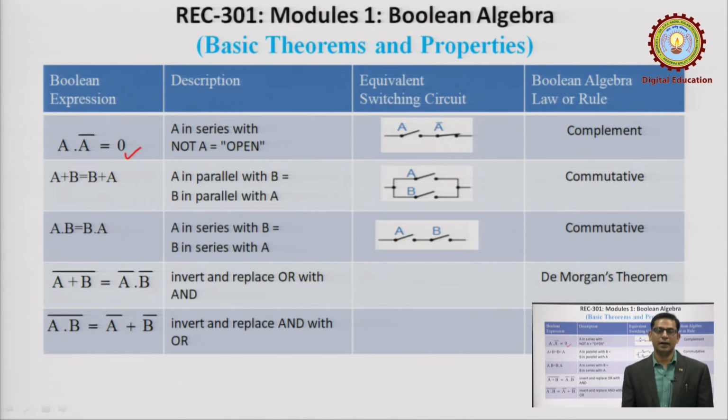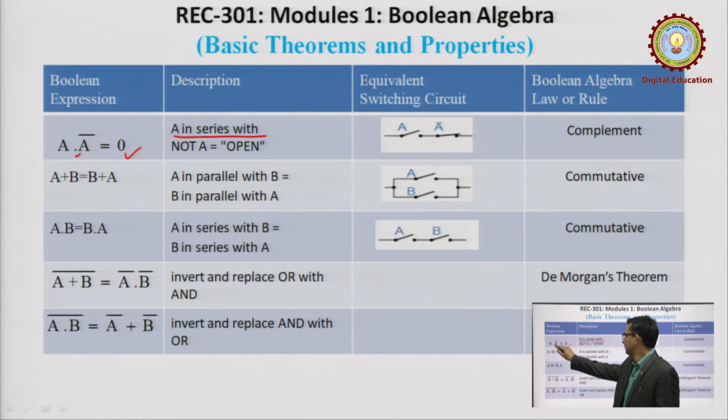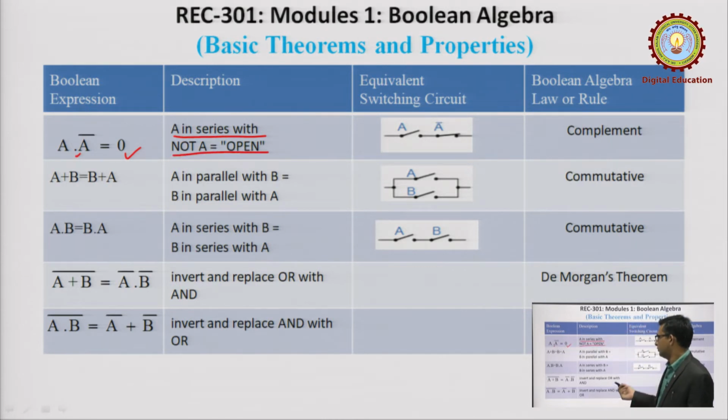It means that if switch a is on, the other switch, a bar, which is in series with a, will be off. So a in series with not a means an open switch.